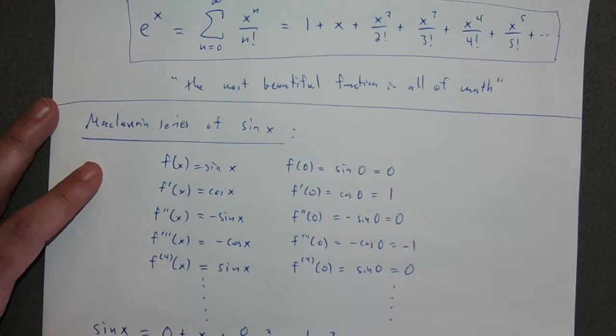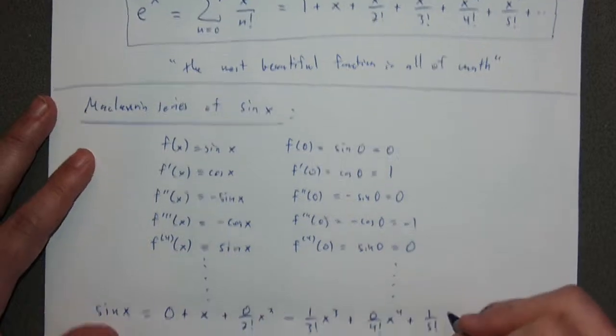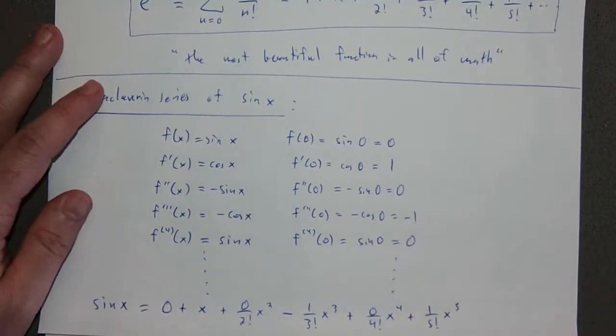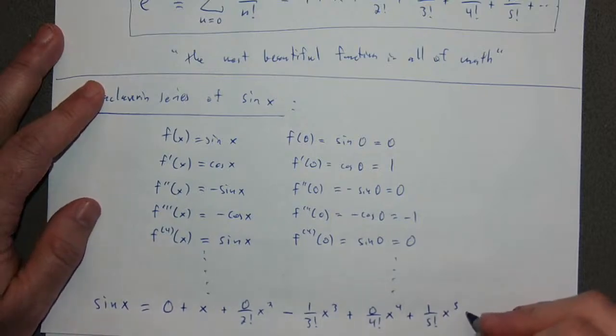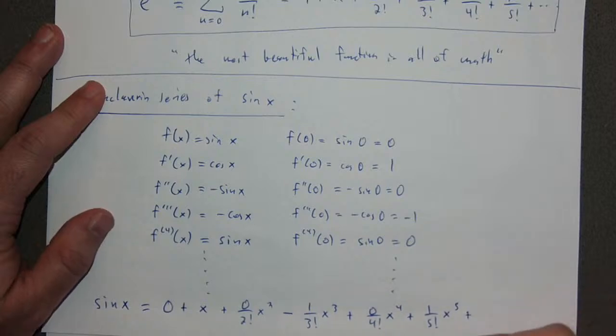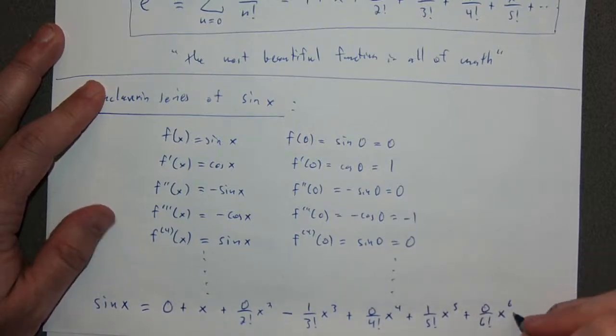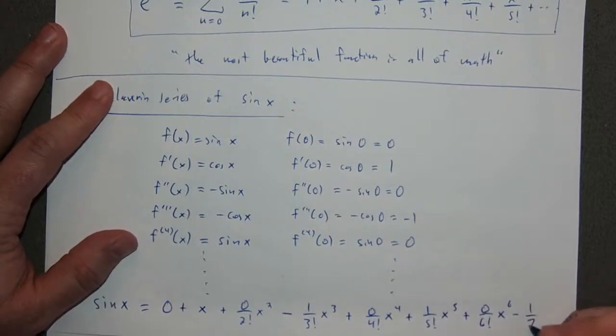The fourth is plus 0 over 4 factorial times x to the fourth, plus 1 over 5 factorial times x to the fifth, plus 0 over 6 factorial times x to the sixth, minus 1 over 7 factorial times x to the seventh, and so on.